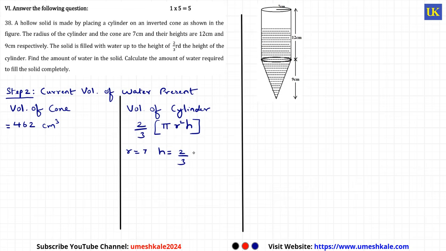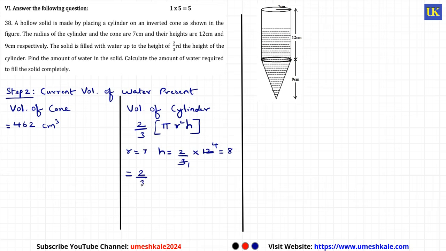So two-third into the height is 12. So 3 ones are 3, 3 fours are 12. So the height will become 8 centimeter. Okay. So now we will put the values.